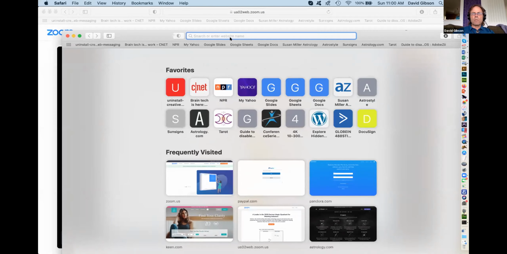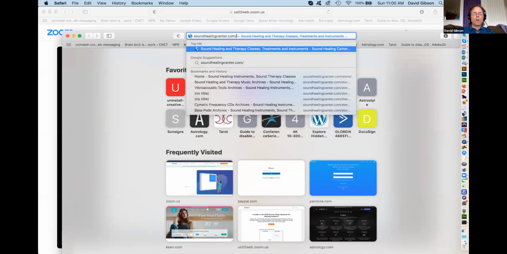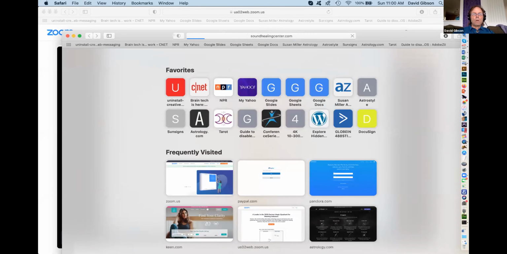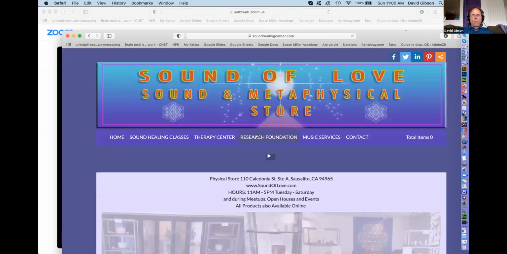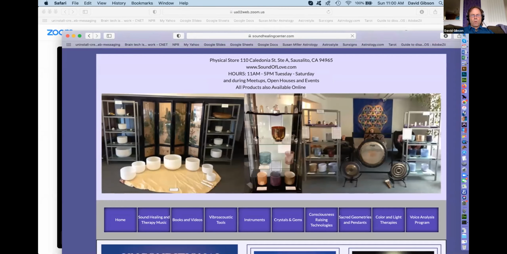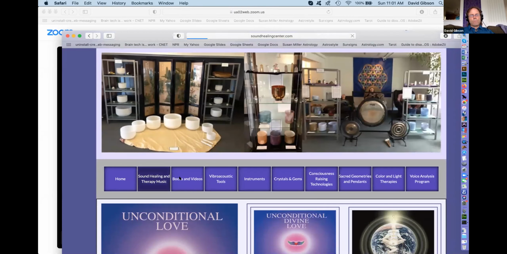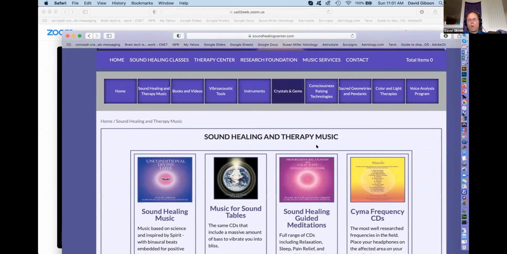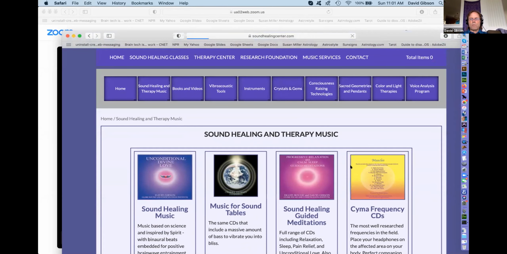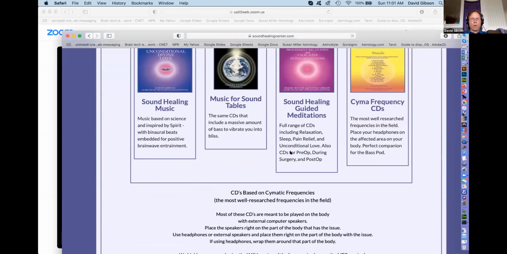Let me just show you, because I'm not trying to sell this, but it's so effective. We've got them for endocrine glands, and for bones. I mean, there's frequencies for everything you can imagine.